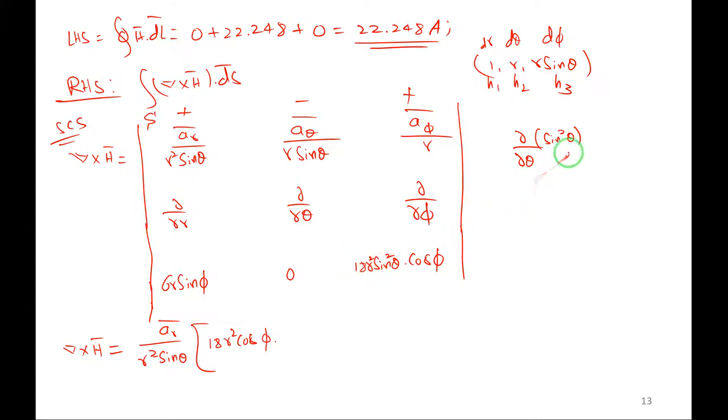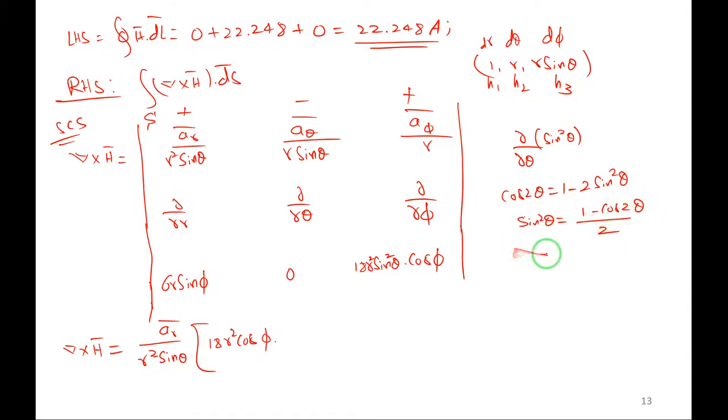So cos 2 theta is equal to 1 minus 2 sin square theta. Sin square theta is equal to 1 minus cos 2 theta divided by 2.